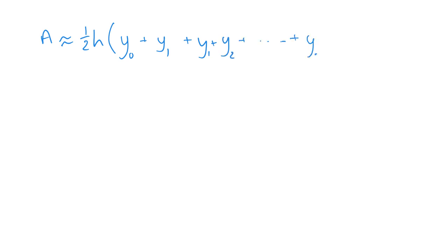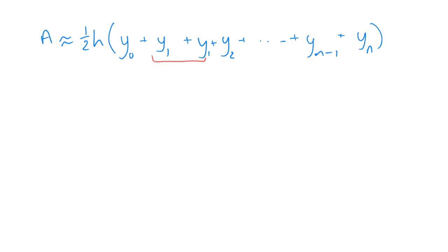Okay, so the first thing we're going to do is take out a half and h as factors. So we can say now that area is approximately equal to, we're taking the half and the h outside the bracket, we're left with y0 plus y1 plus y1 plus y2, etc., up to yn minus 1 plus yn.